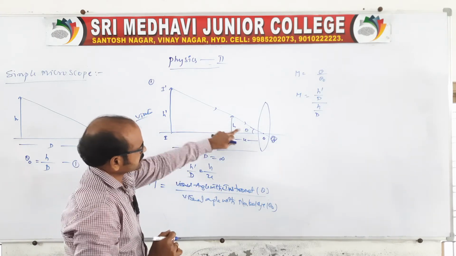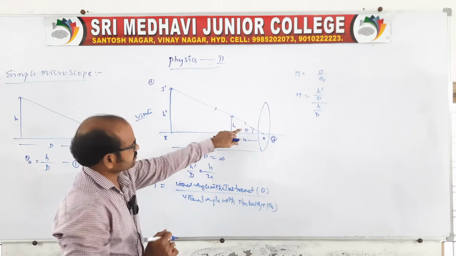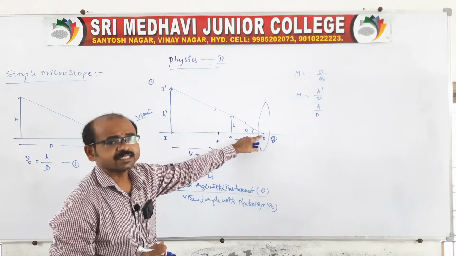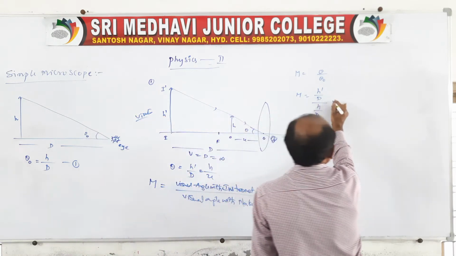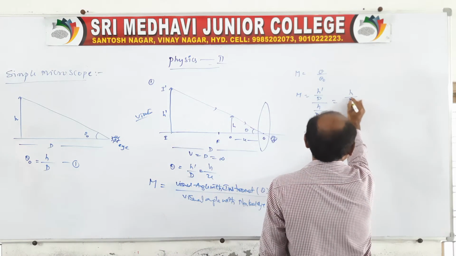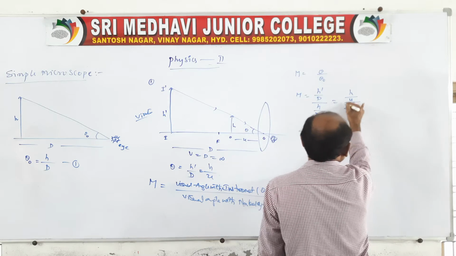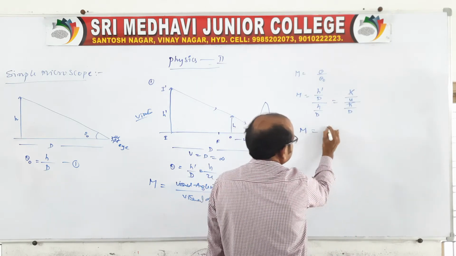The object also makes an angle theta, and the image also makes an angle theta at an instrument, so we can also take it as h by u. So instead of h by d, it is h by u. So h cancels, and capital M is equal to d by u.